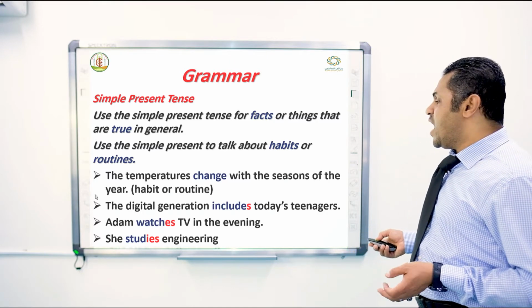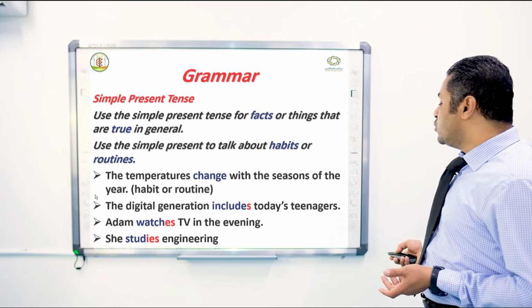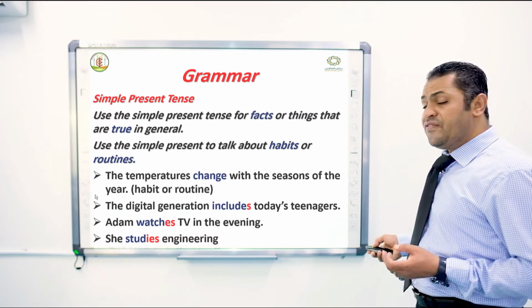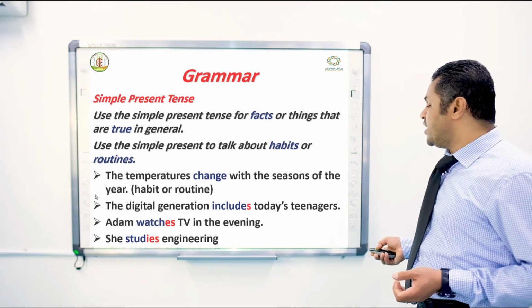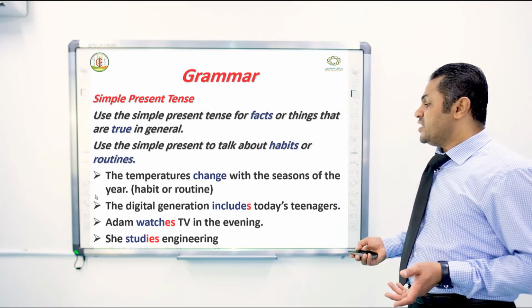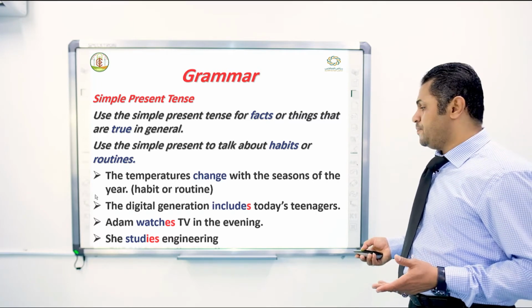Here we have the infinitive of the verb. The digital generation includes today's teenagers. Here we have the infinitive, but we follow it with an S letter. Why? Because the subject or the doer is singular.